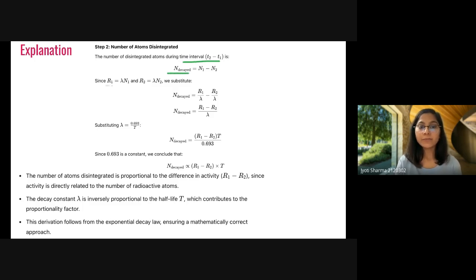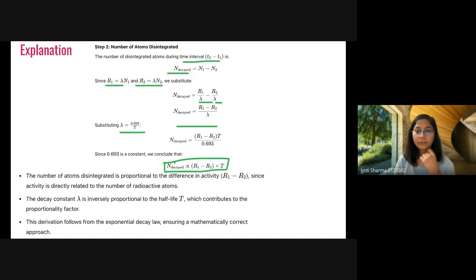Because R1 is equal to alpha N1 and R2 is equal to alpha N2, if we put these in and substitute the alpha value, we get the final result. So the number of atoms disintegrated is proportional to the difference in activity, which is the rate of disintegration, multiplied by T, the half-life. That's how this gives you the right answer.